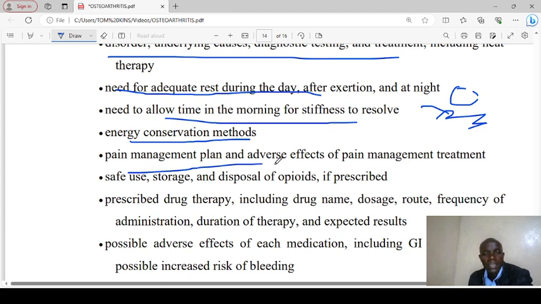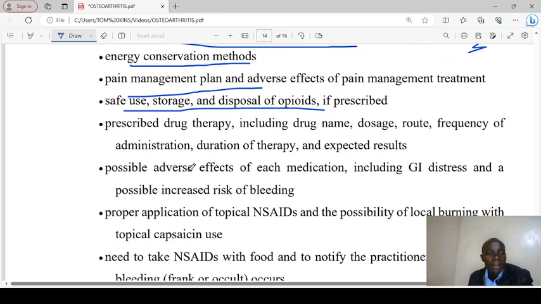Pain management. You also look at the safe use, storage, and disposal of the opioids. Prescribed drug therapy: you need to know the drug name, the dosage, the route, the frequency. Guys, the rights of drug administration. Okay. So possible adverse effects of each medication, including GI distress, like with the NSAIDs.